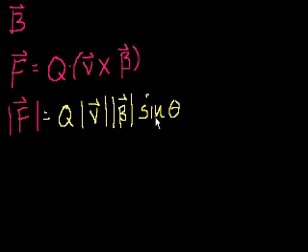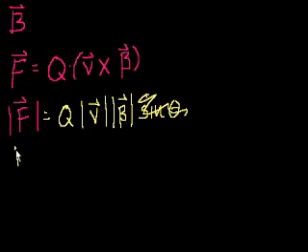This is the definition of the cross product. If we wanted the actual force vector, we could multiply this times the vector we get using the right-hand rule. We'll do that in a second. But anyway, we're just focused on units. Sine of theta has no units, so we can ignore it for this discussion. We're just trying to figure out the units of the magnetic field.